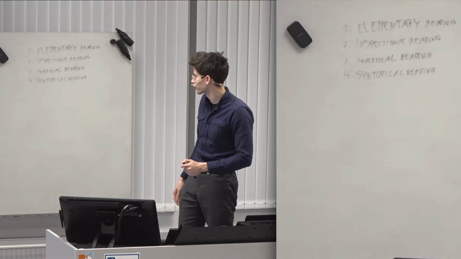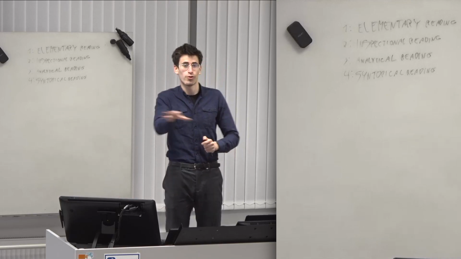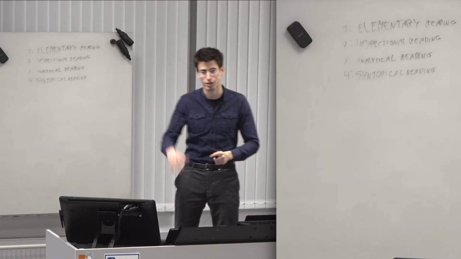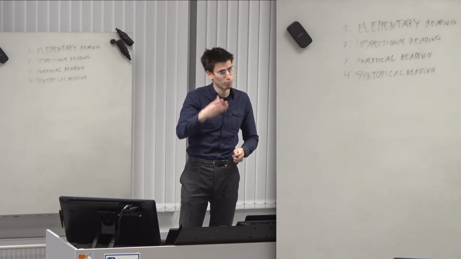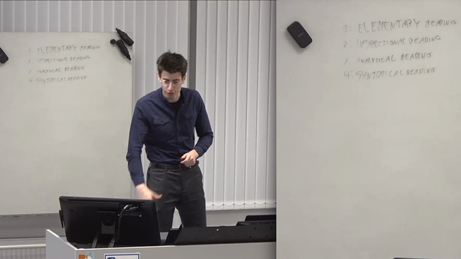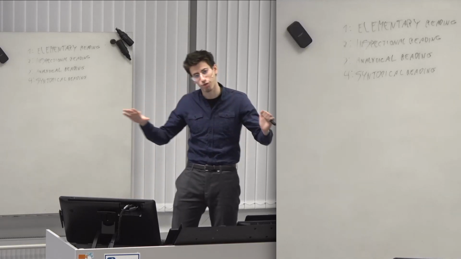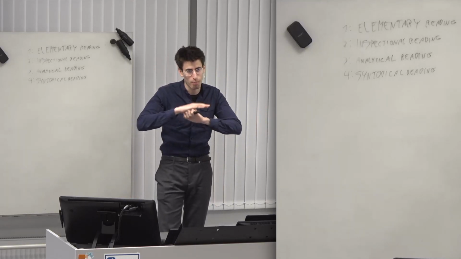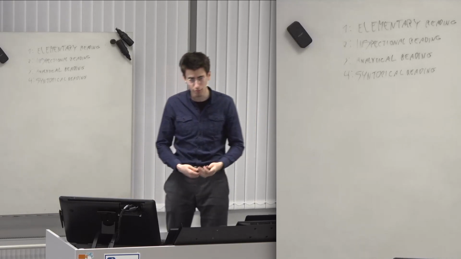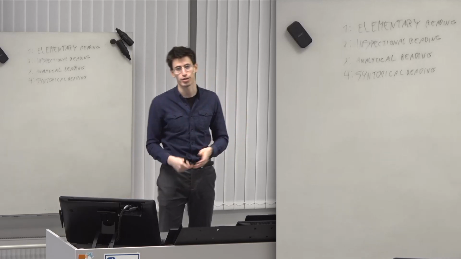And now, what is inspectional reading? Inspectional reading builds on top of elementary reading, and it goes further than just understanding what the words say and what the sentences say. Inspectional reading is concerned with what the book is about, what the structure of the book is, and what the parts of the book are. So you gain more understanding through inspectional reading.